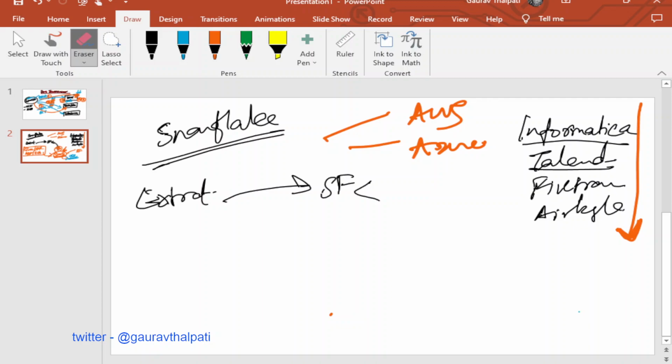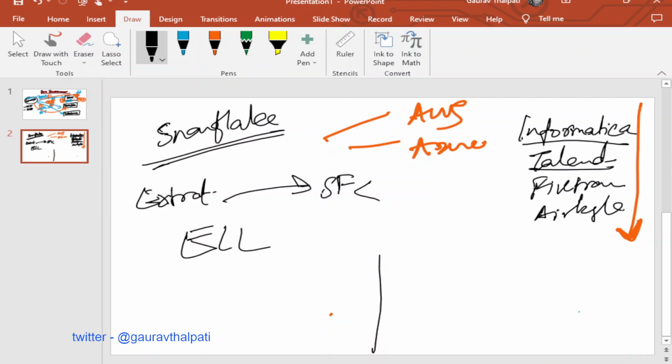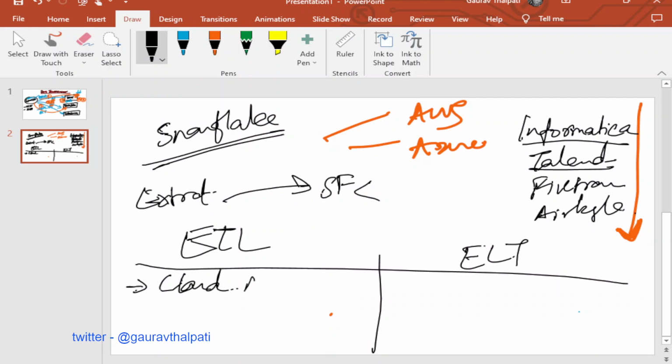This was ETL, and this is ELT. So whether you want to push it to your cloud provider, using cloud native ETL tools, I would say, or you want to use the warehouse.